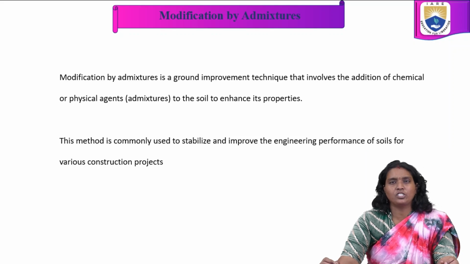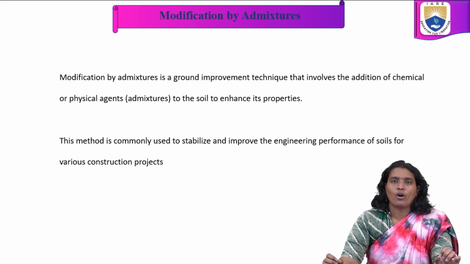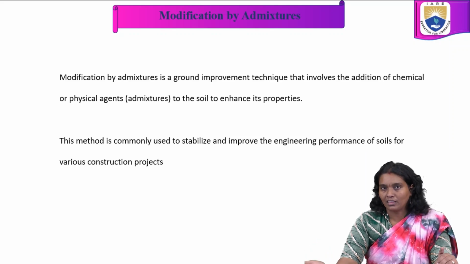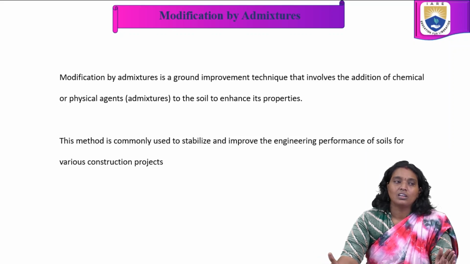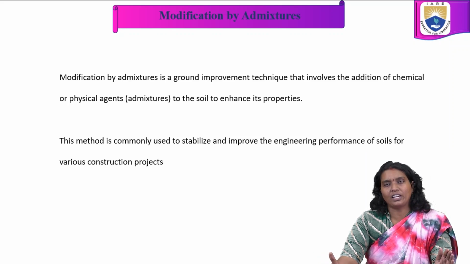In these admixtures, for the modification, what are the desired properties required for the construction work for this soil? In this soil, we have to enhance some of the properties by adding these admixtures.